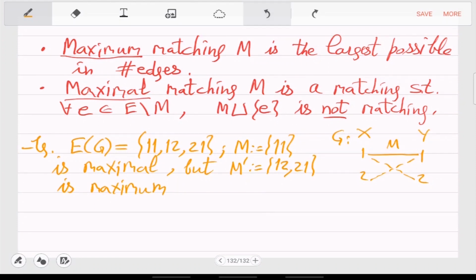Okay, and it's larger. So M is maximal, but it is not maximum. For maximum, you have to take something totally different.